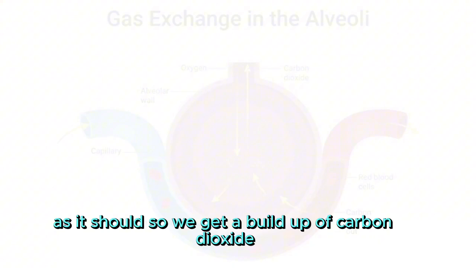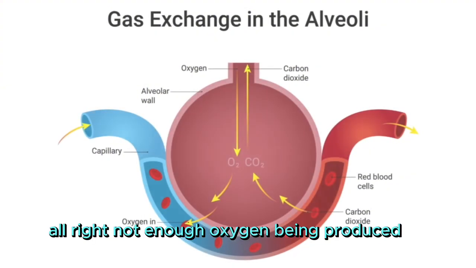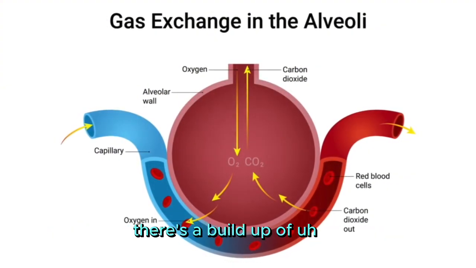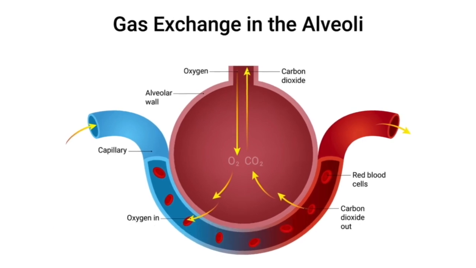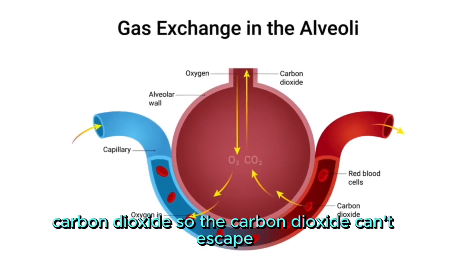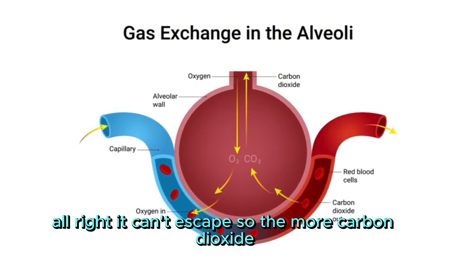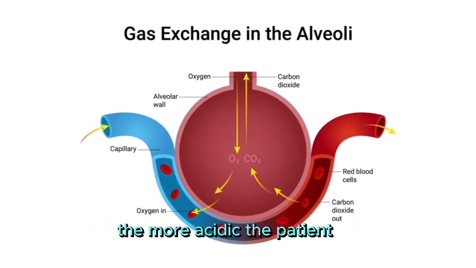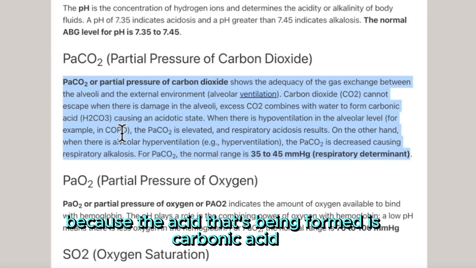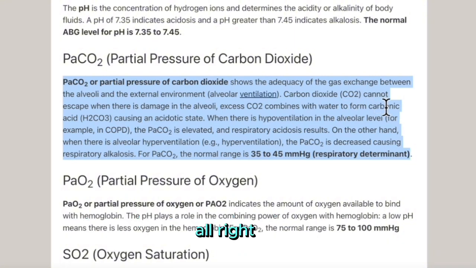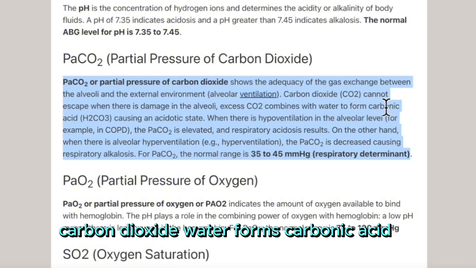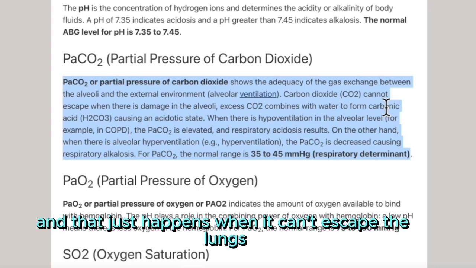We get a buildup of carbon dioxide, so the carbon dioxide can't escape. The more carbon dioxide, the more acidotic the state the patient is in, because the acid being formed is carbonic acid. Carbon dioxide and water form carbonic acid, and that happens when it can't escape the lungs.